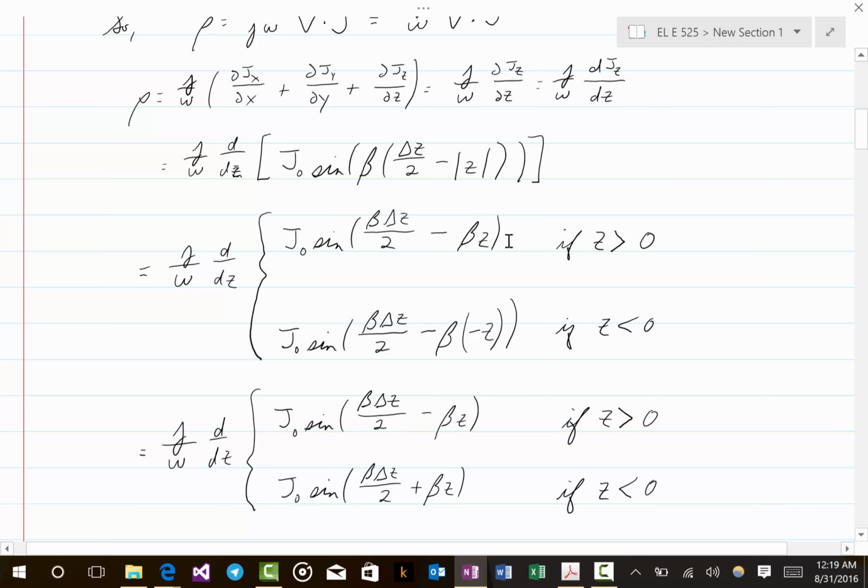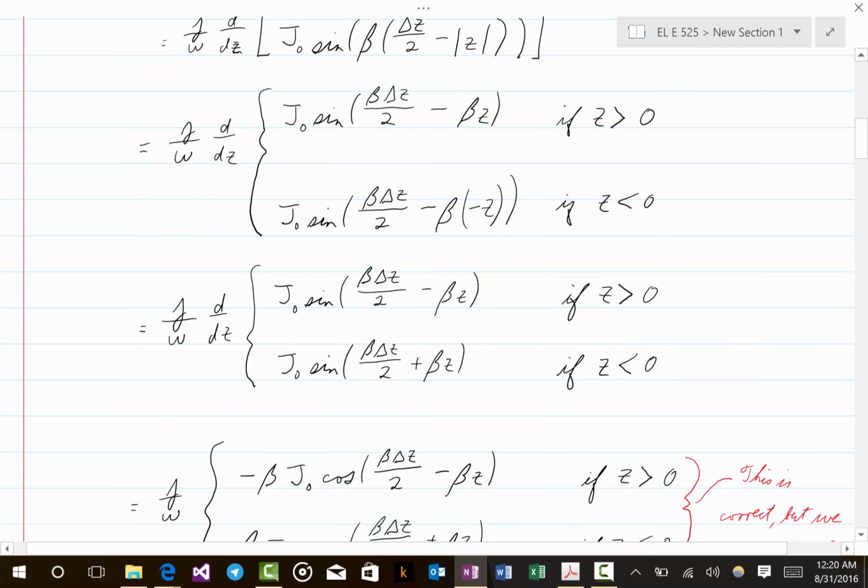Now, on the other hand, when z is less than 0, the absolute value of z is the same thing as negative z. So in that case, we would get beta delta z over 2, and then minus beta times negative z, and we will get this expression here.